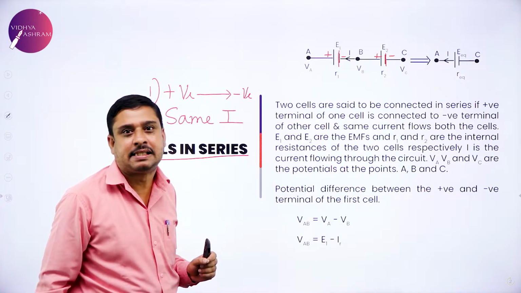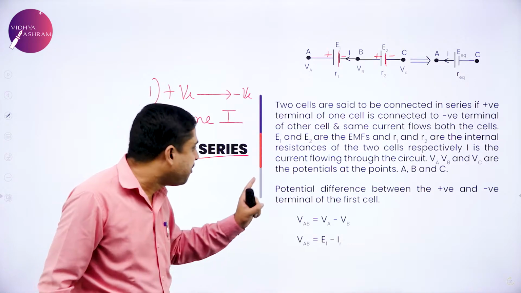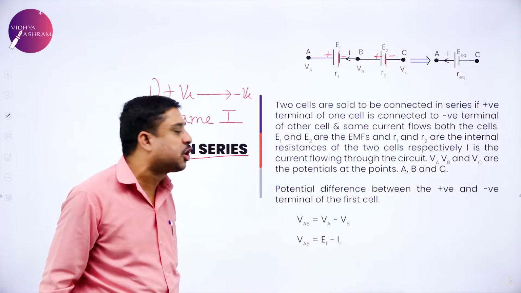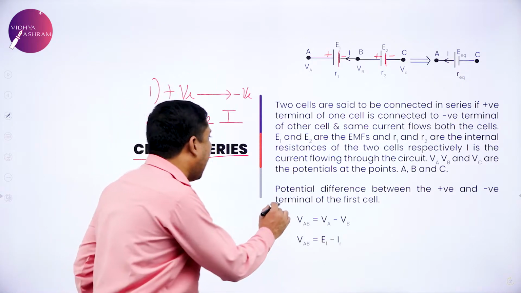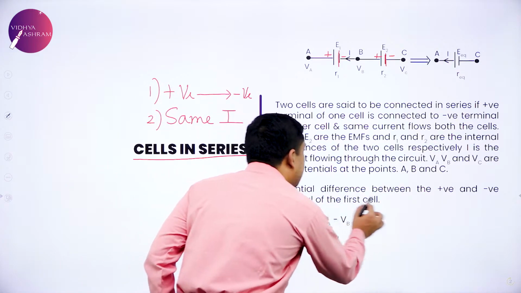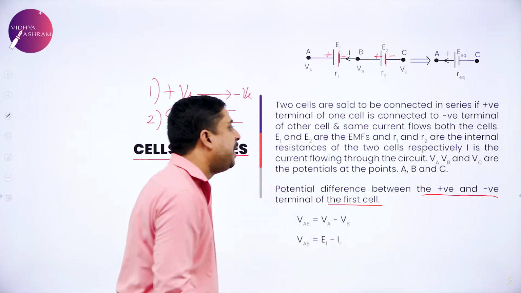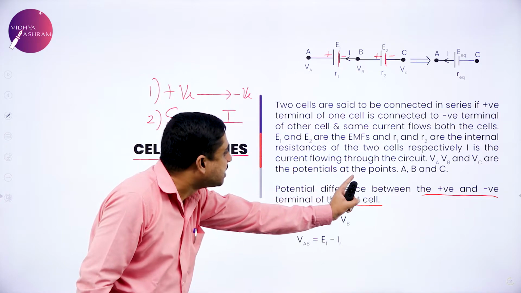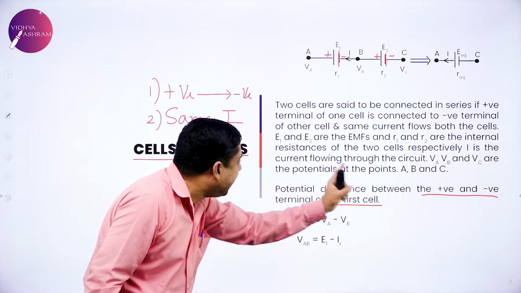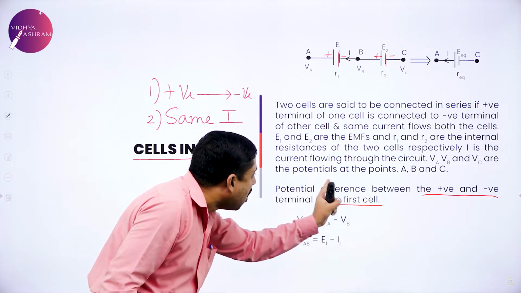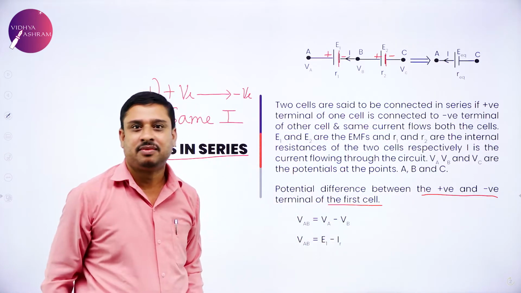Now, as the first part of the calculation, I will calculate the potential difference between the positive and negative terminals of the first cell.